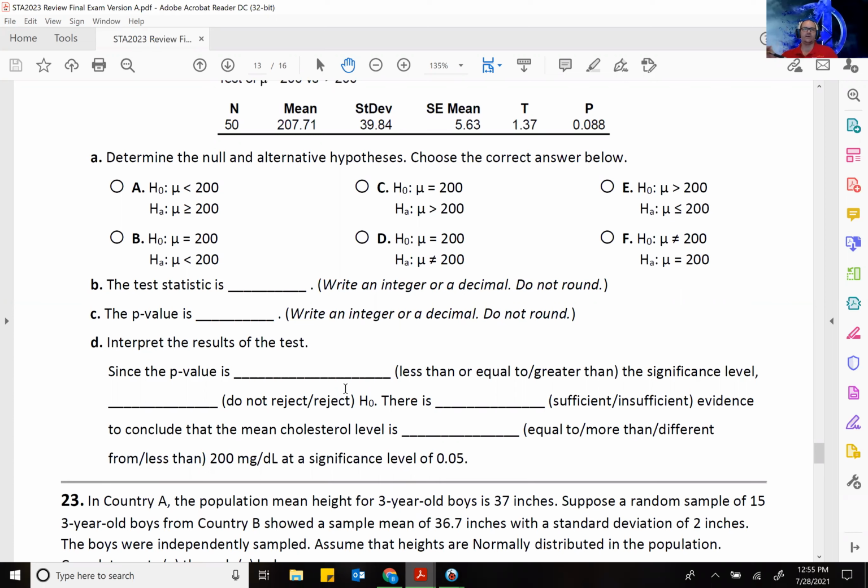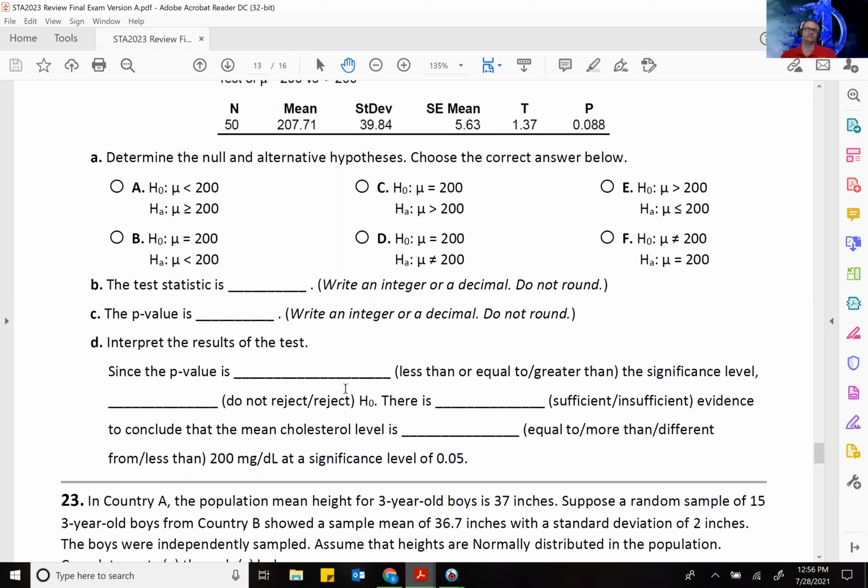Just like in a trial, if you find the guy or girl guilty, that means there's evidence. If you find the person innocent, or in other words, fail to reject, that means there wasn't enough evidence.